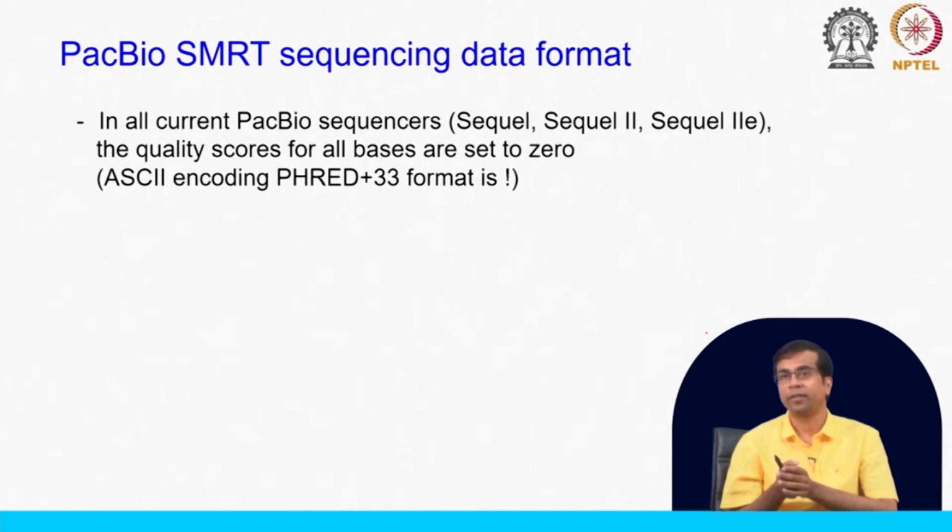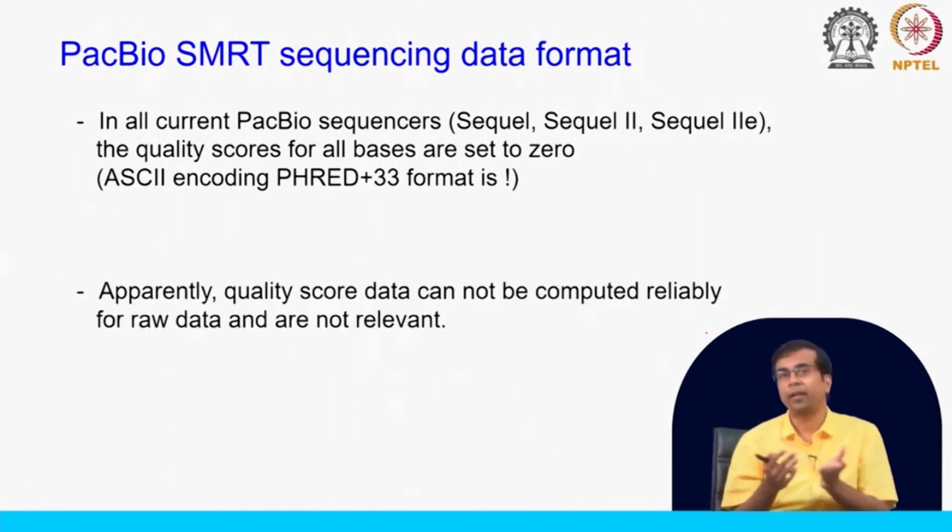So, if you download the data, you will see the quality score of all bases given as exclamation mark. Apparently, quality score data cannot be computed reliably for raw data from SMRT, and they are not relevant. What PacBio has been suggesting is that it is better to look at the sequencing data itself rather than the quality score.